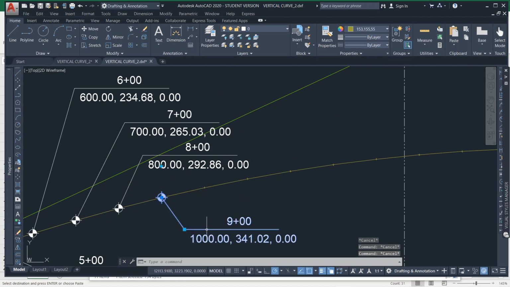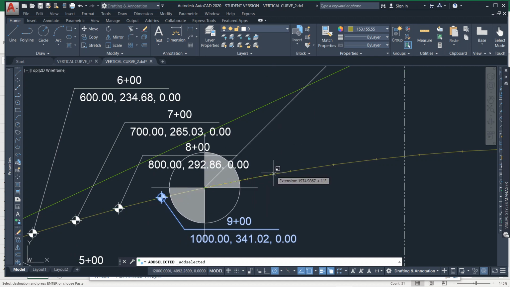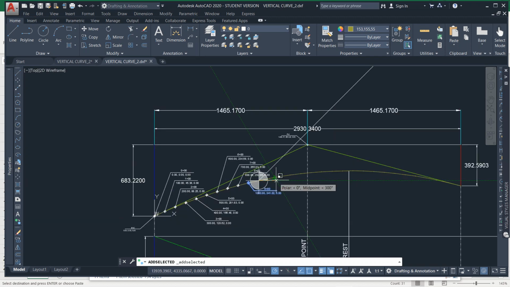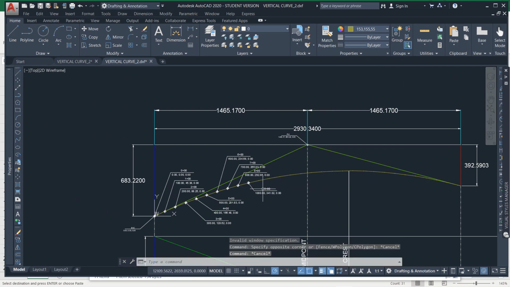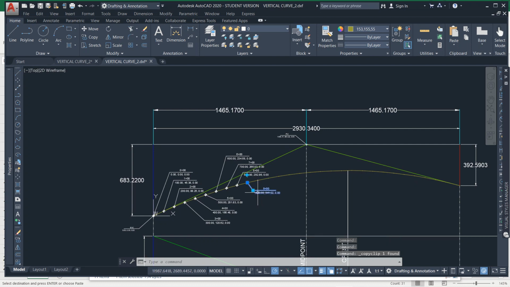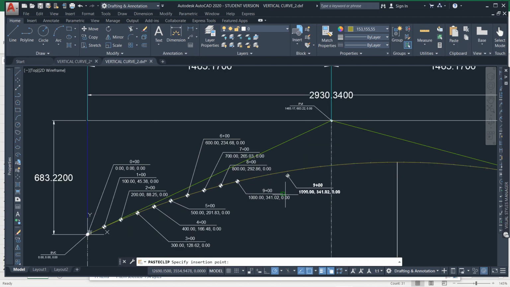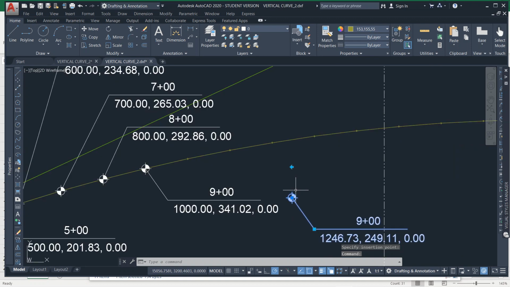What am I doing? Maybe because of the location I was hitting. I'm just going to paste it there. That's weird. How about this? Control Z, Control C, Control V. I never had that problem before.